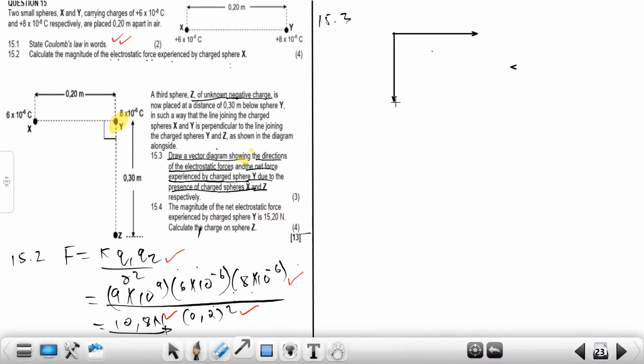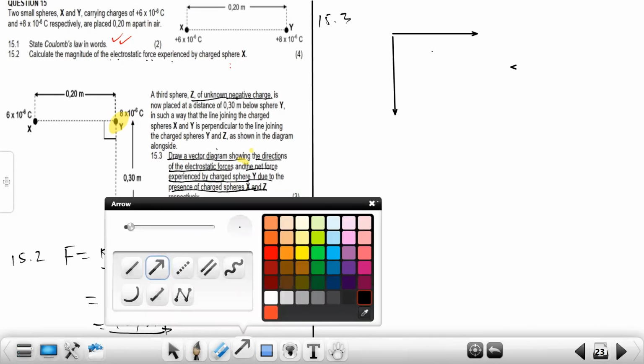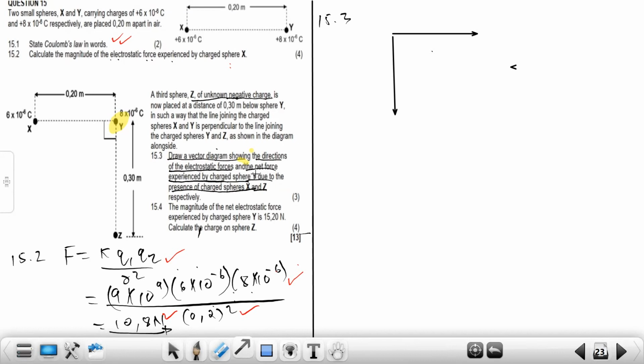So this allows me to have another force that is at 90 degrees. Then we move it again closer, something like that. Then I'm going to have my net force. Remember, it says also indicate the net force experienced by Y. So my net force, I know it will always be between the two forces.